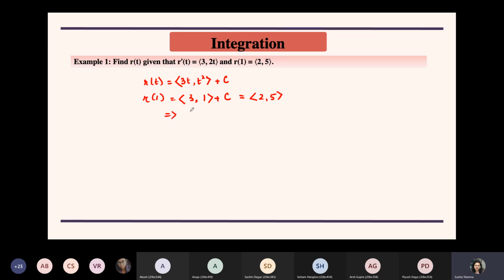So what is c from here? (-1, 4). Yes. So this is how you're going to use this particular condition to get the value of c. Once c has been found, we will just substitute this in the equation for r(t) to get the final form. So r(t) is (3t, t square) plus c vector, which is this.